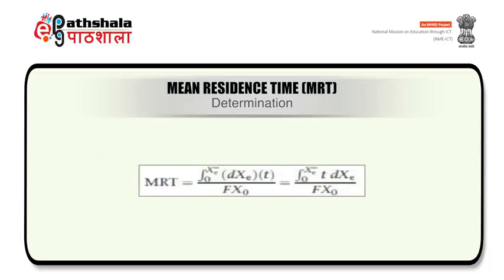So MRT is equal to the integral from 0 to infinity of t dXe divided by Fx0, which is the absorbed dose. The equation represents the sum of the masses of an infinite number of infinitely small groups of drug molecules ready to exit the body multiplied by the individual residence time. The MRT is a ratio of this value to the dose of drug.